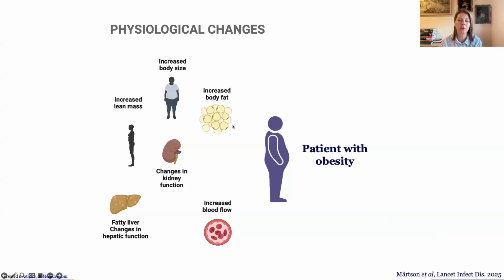So all over the body, we will see more body fat than in a lean individual. There are expected changes in kidney function, and also fatty liver has been related to patients with obesity, and increased blood flow in some organs. So this can cause different changes in the pharmacokinetic exposure, so drug exposure in patients.